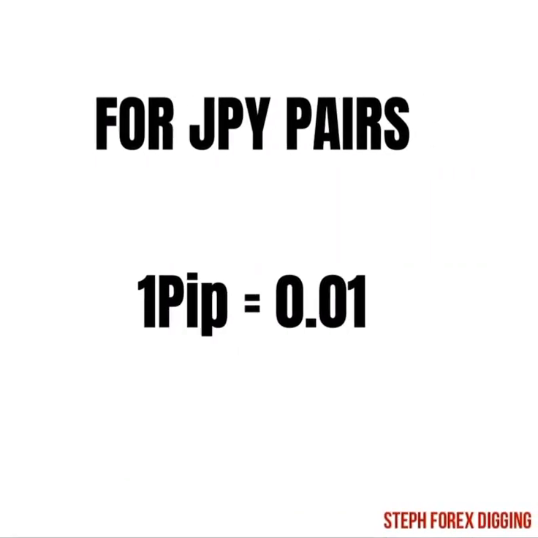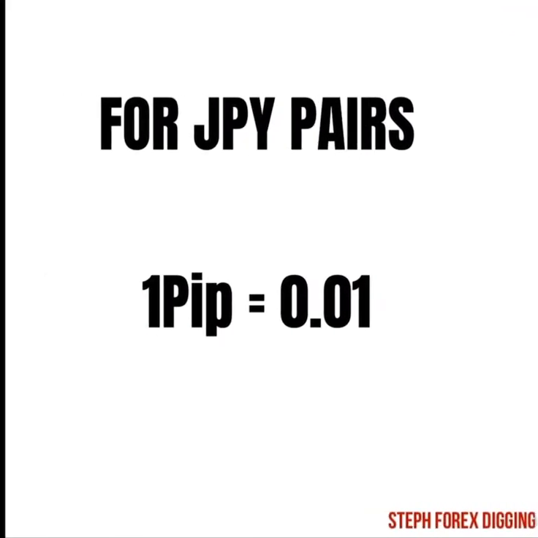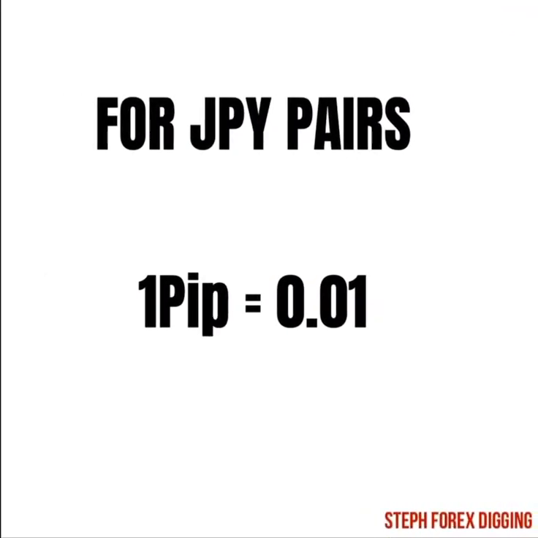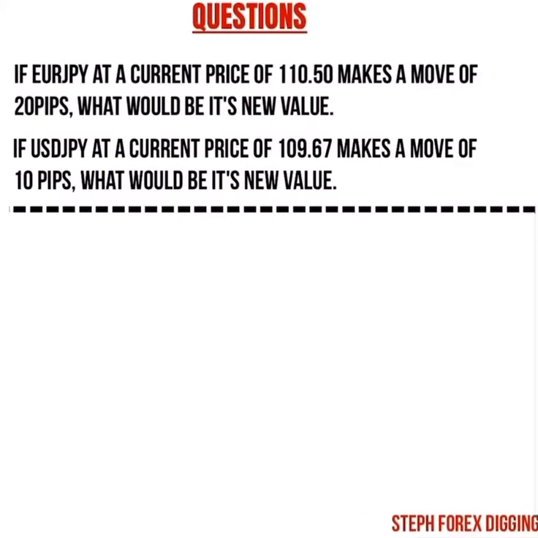So for JPY pairs, 1 pip is equal to 0.01. Remember, the general rule is 1 pip is equal to 0.0001, but for the JPY pairs, 1 pip is equal to 0.01. So I'm going to be doing calculations now to show you how you calculate the pips in the JPY pairs.